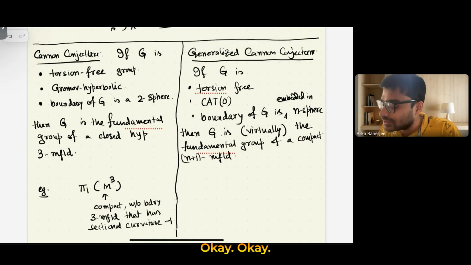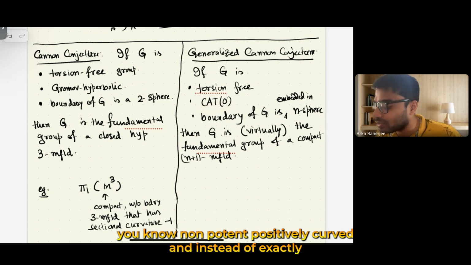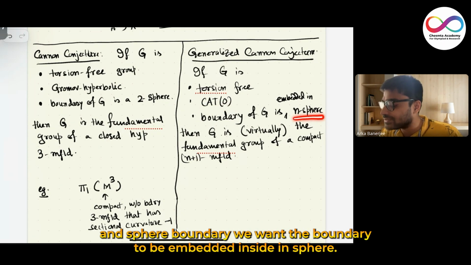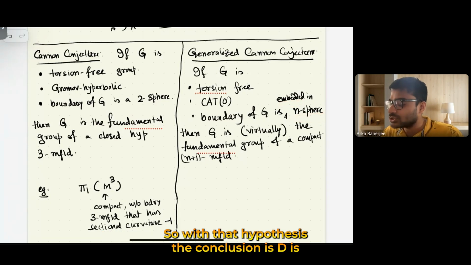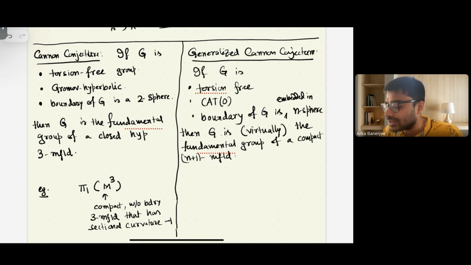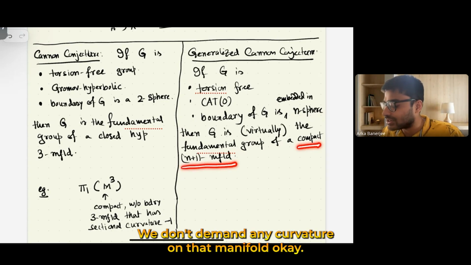So for the hypothesis, instead of negative curvature, we demand non-positive curvature, and instead of an exactly n-sphere boundary, we want the boundary to be embedded inside the n-sphere. With that hypothesis, the conclusion is that G is virtually, which just means it has a finite index subgroup, the fundamental group of a compact n+1 manifold. We don't demand any curvature on that manifold.